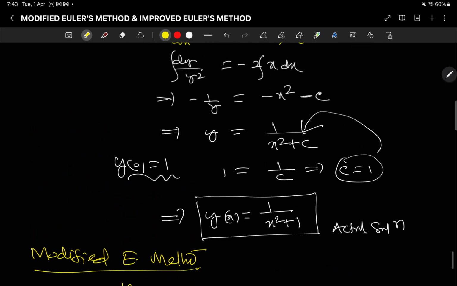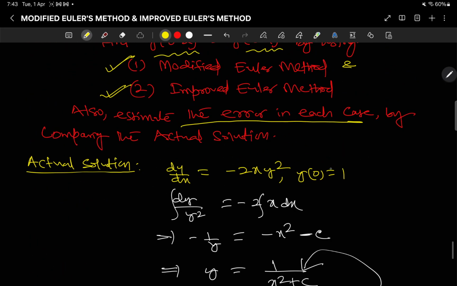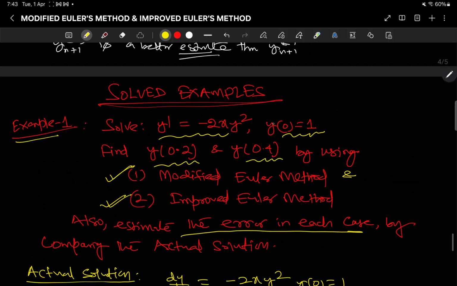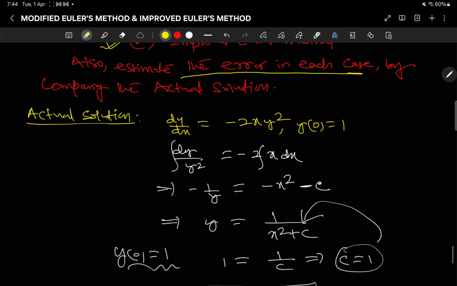So I start from 0, and I have to reach 0.4. So I have to take h. Suppose I take h equal to 0.2.